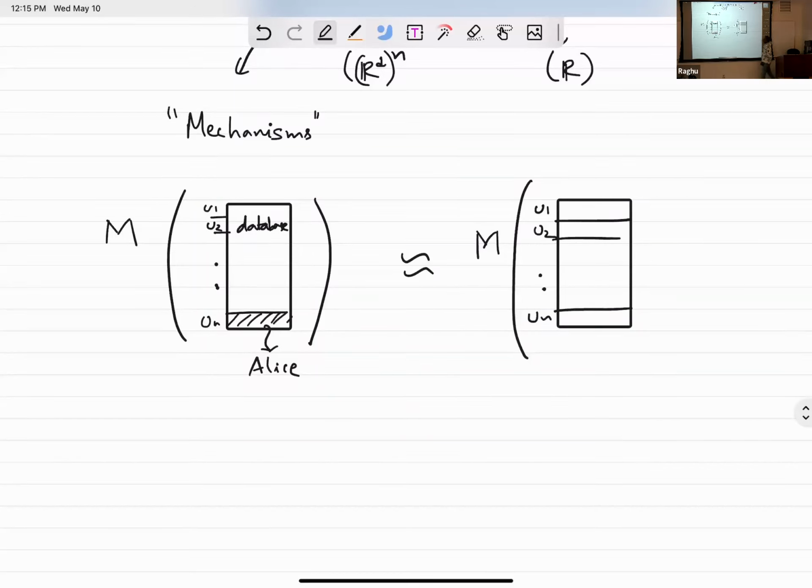And let's replace the last user's data with some other data. Kind of. Right? But we have to be a little bit more careful in how we formulate the distance. So what we want is the answer to look similar whether this person is Alice or the last person is Bob. So the answer that the interface gives me should not change much when I change a single user.